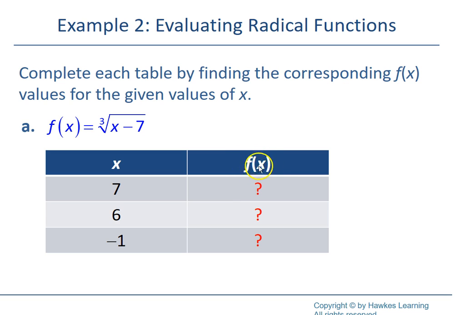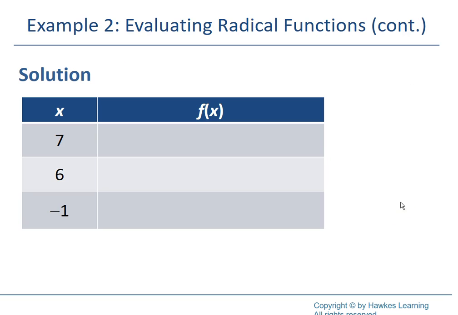In a sense, this is your y. Well, you're going to make a t-chart in your notes, and you're going to do the calculations. So when you substitute x with a 7, you get the cube root of 0, which is 0. So that's what you'd put here in the y column, 0.